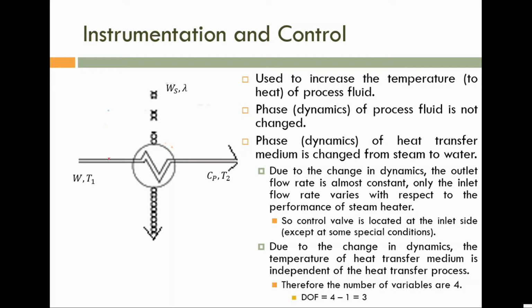So this is liquid. Before operation it is liquid and after operation it is liquid, so the phase of the process medium is not changed. Only the temperature is changed, increased from T1 to T2.